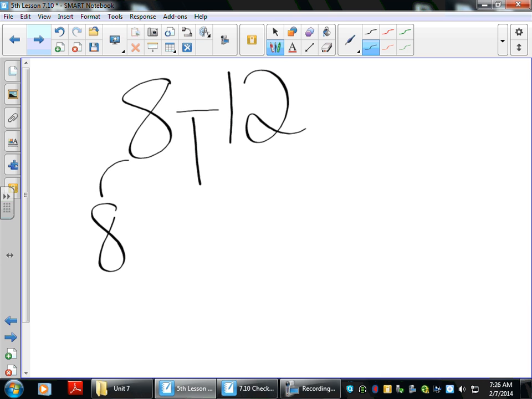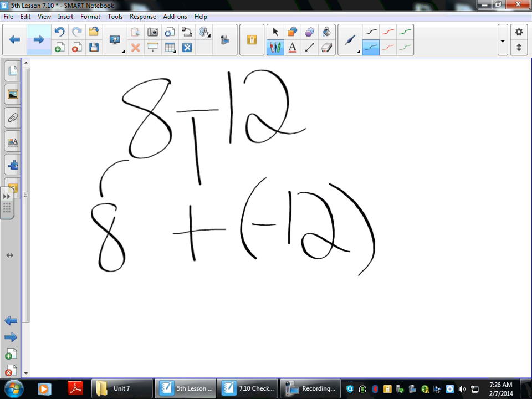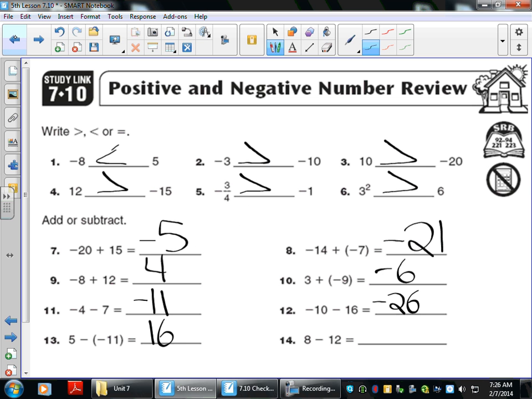The subtraction sign turns into an addition sign. A positive 12 turns into a negative 12. I have 8 on the number line, and I'm going 12 spaces to the left because I have a negative 12. 12 spaces to the left from 8 gives me an answer of negative 4.